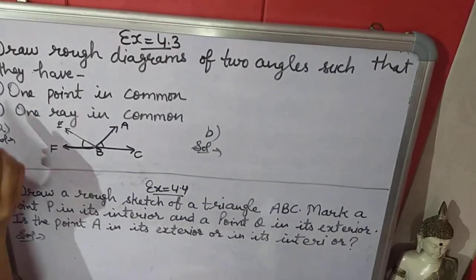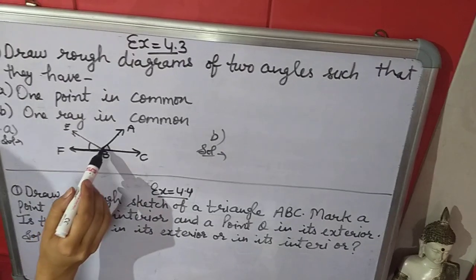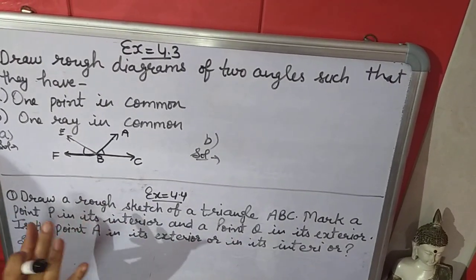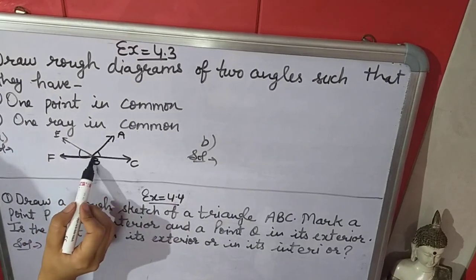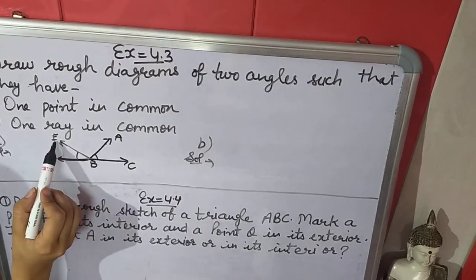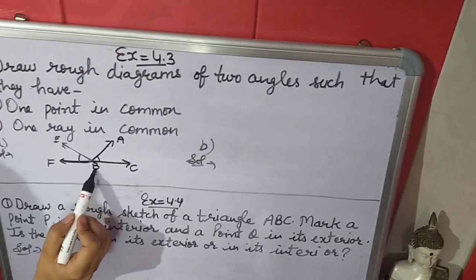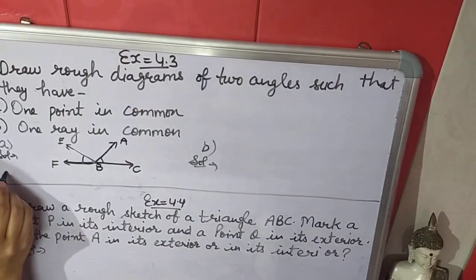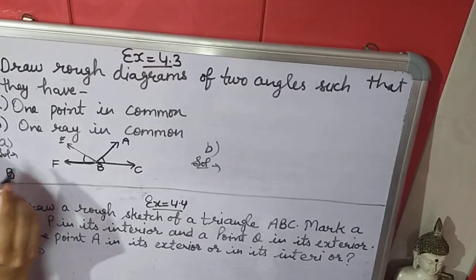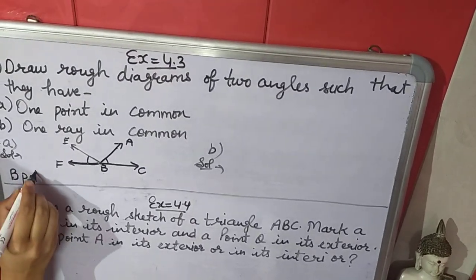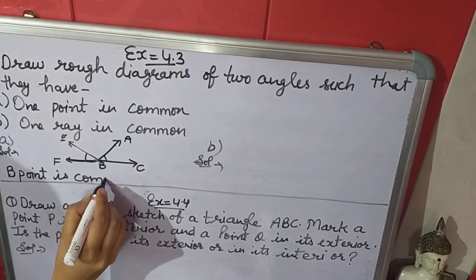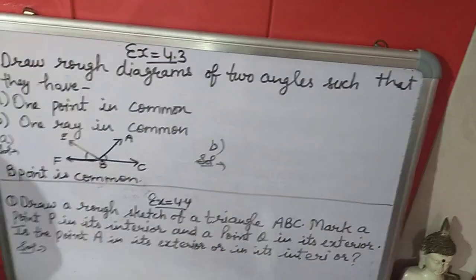Now it says one point in common. In these two angles, which point is common? Common means what repeats in both angles. This is angle ABC. This is angle EBF. So point B is common between the two angles. So here you will write B point is common.